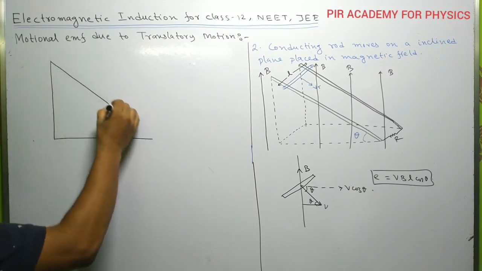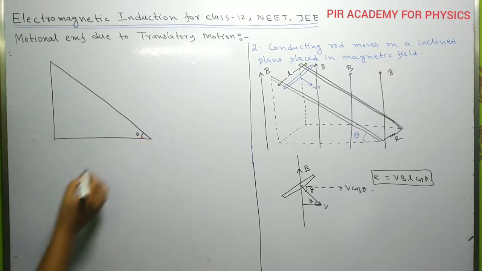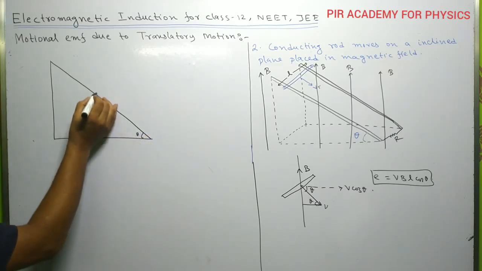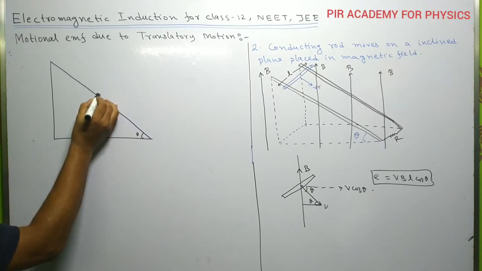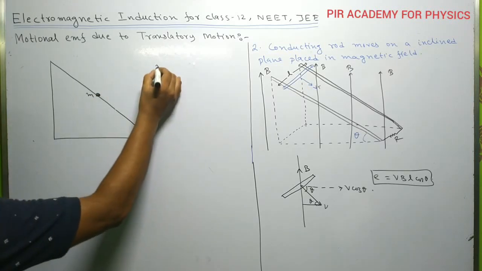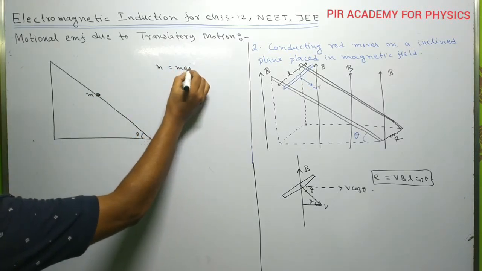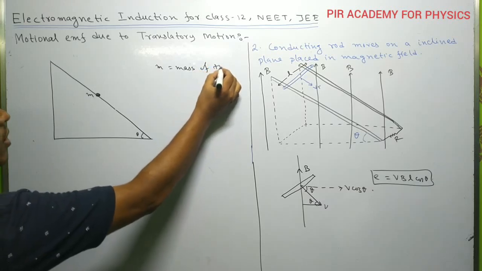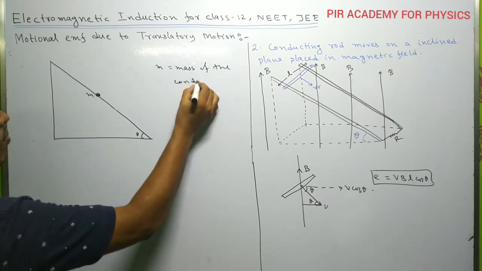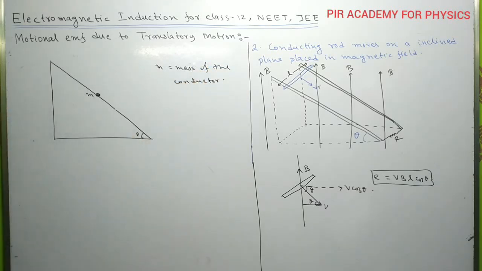Suppose this is theta, and m is the mass of the conductor.